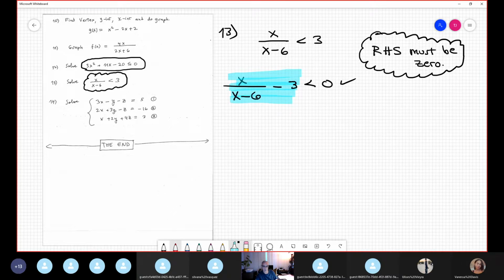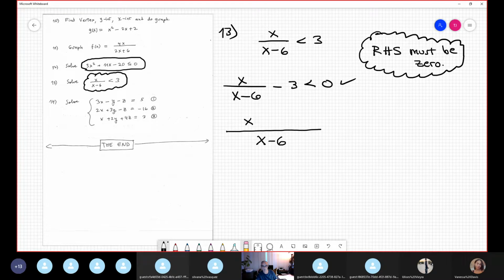Okay, so for doing that, well, it's easy. You find the least common denominator, which obviously is x minus 6. And you divide this common denominator by the corresponding denominator, which is x minus 6. In this case, it coincides, it's the same.